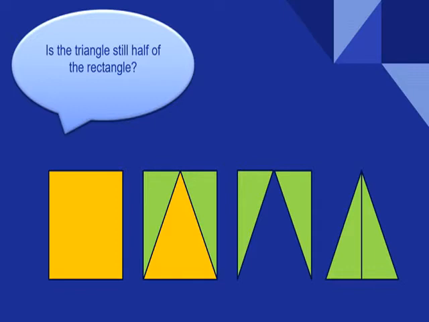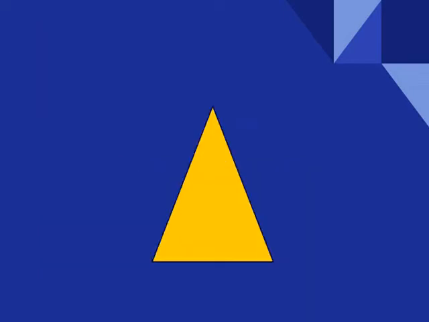So that should tell you then that we can still use the formula, and in fact all triangles will be half the size of a rectangle or a parallelogram. So for whatever triangle you have, you can still use the formula that it's half that of the rectangle or parallelogram. Parallelograms we will have a lesson on in the coming weeks.